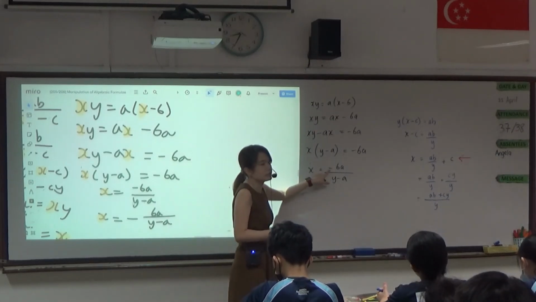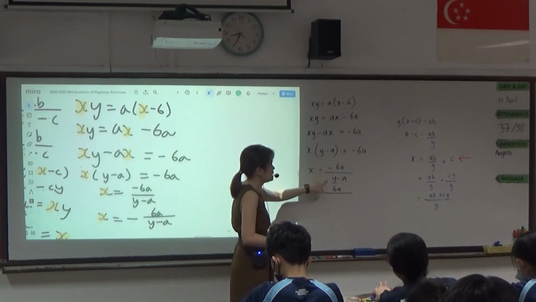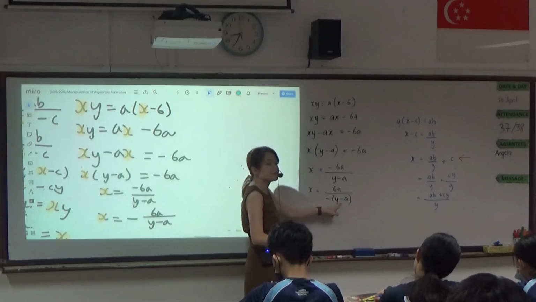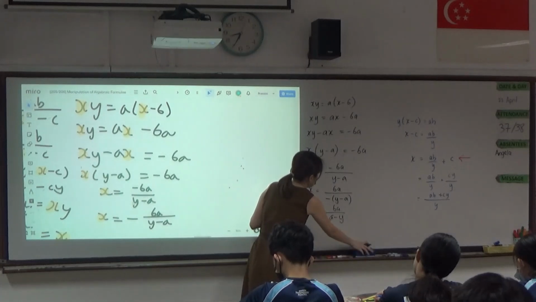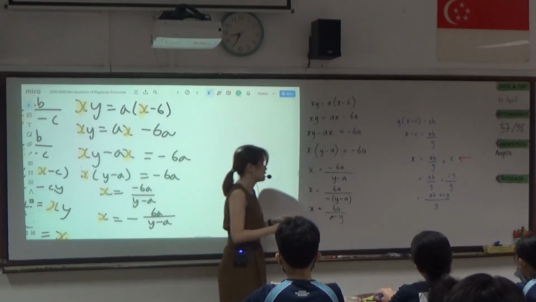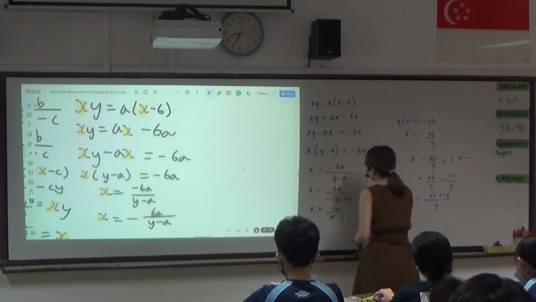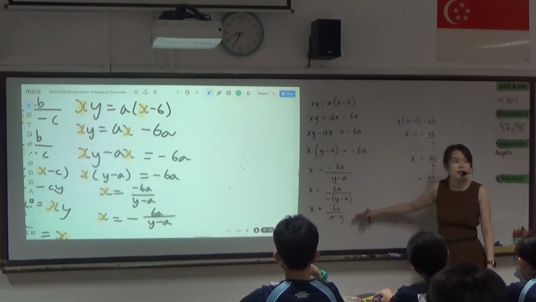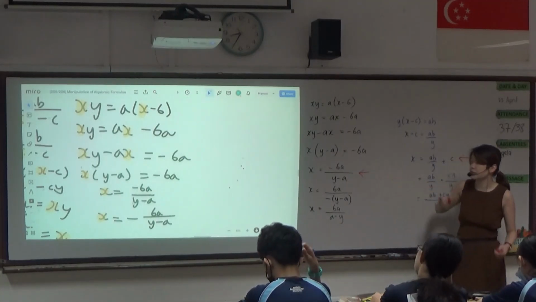Or if you don't want to have this negative sign here, another equivalent is that you bring the negative sign down, for which this negative sign, when put in, will flip the y minus a to a minus y. So these are equivalent solutions. Either one will do, so you need not leave it as the other forms. Either one is acceptable, but it's perfectly fine if you just stop here.